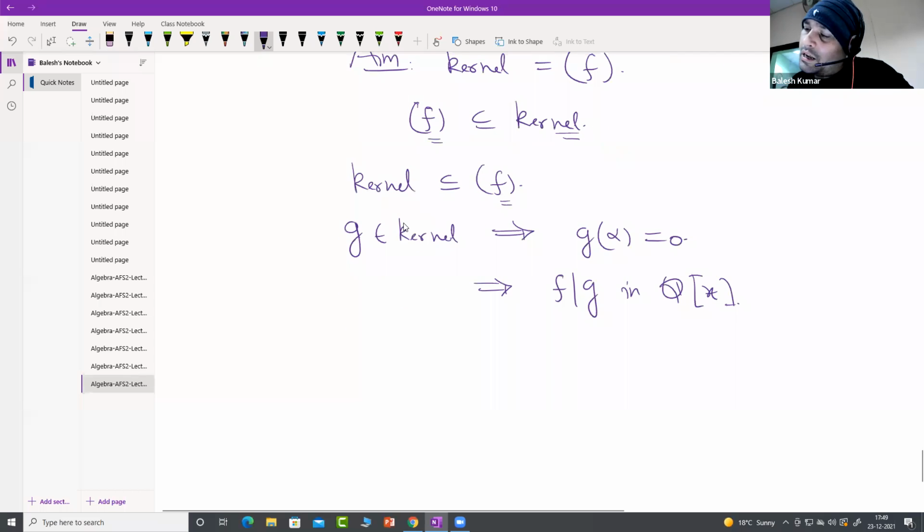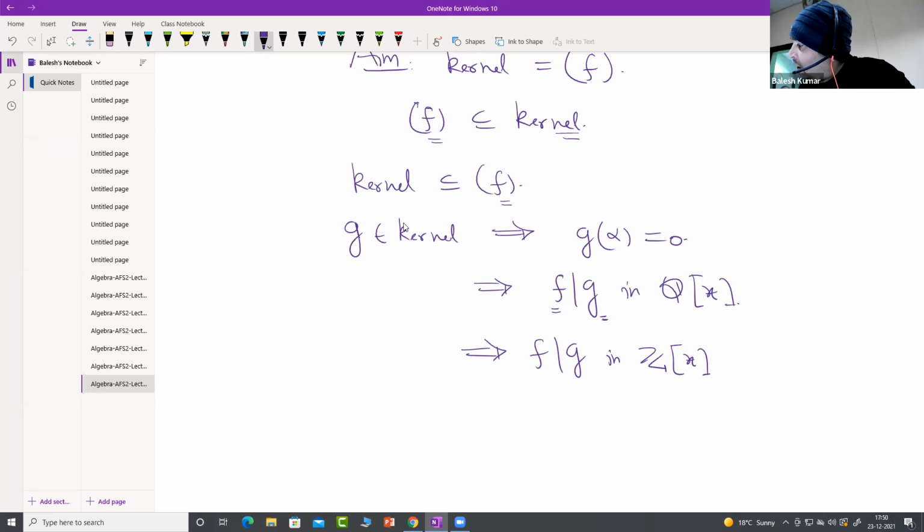Again, if you use part A of a previous proposition from some lectures, where we have proven that if you have a primitive polynomial f and g is a polynomial with integer coefficients, and if the divisibility happens inside Q[x], this will imply that the divisibility happens inside Z[x].